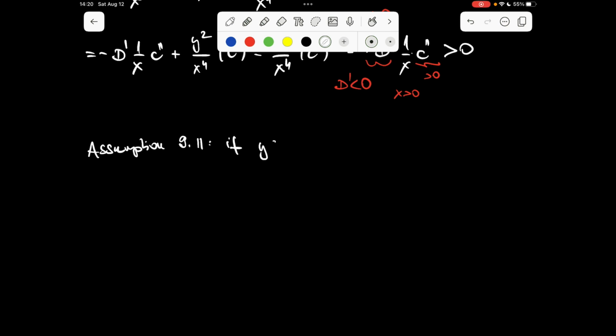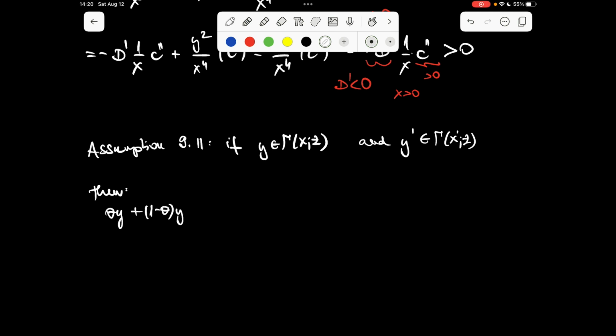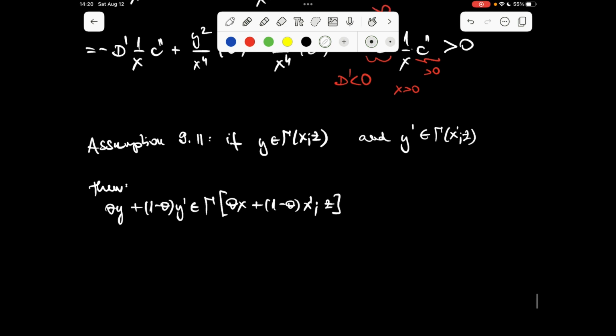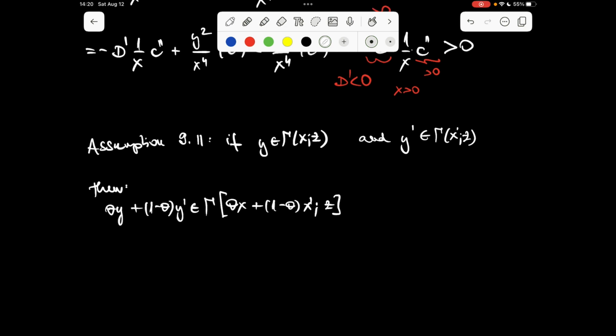If y is in the correspondence at x, and if y prime is in the correspondence evaluated at x prime, then the weighted average of the points must be in the correspondence evaluated at the weighted average of the endogenous states for every appropriate parameters.